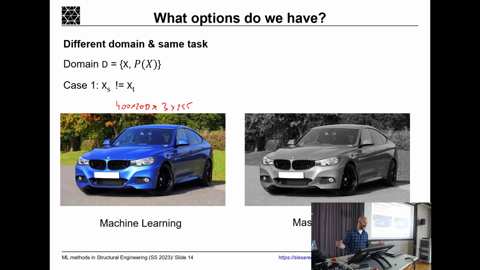And we can consider a gray scale image. So it's the same sort of image, but a different representation. Or we can think about text in different languages. So in this case we have a different domain, same task, let's say classification, and a different feature space. But again, this is not so interesting.